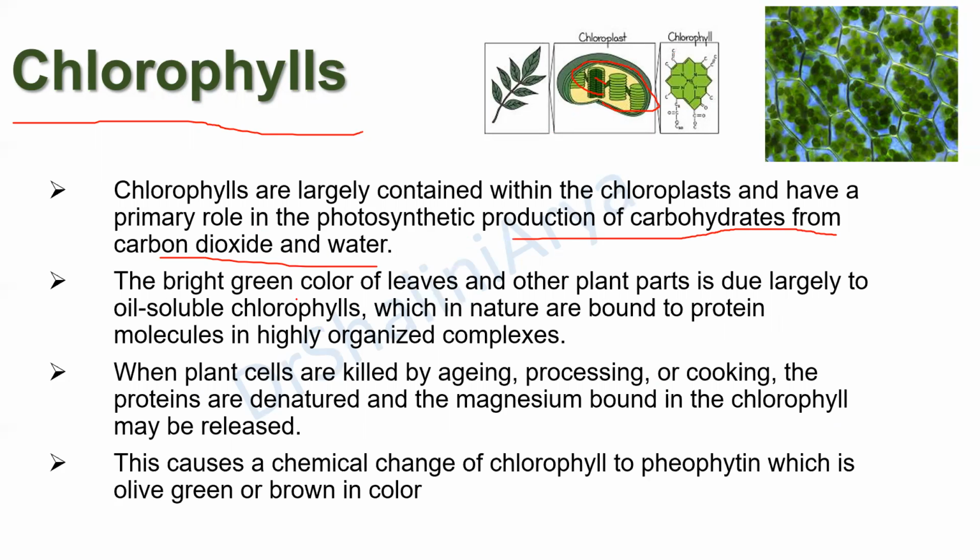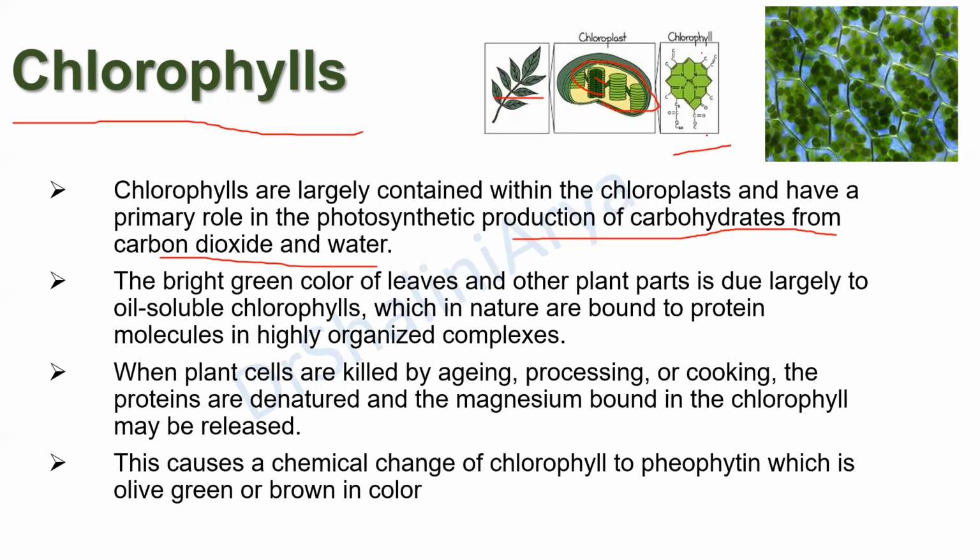So the bright green color of leaves and other plant parts is largely because of this compound called chlorophyll. It is oil soluble, and in nature it is bound to protein molecules in a highly organized complex. You see, this is a porphyrin ring.